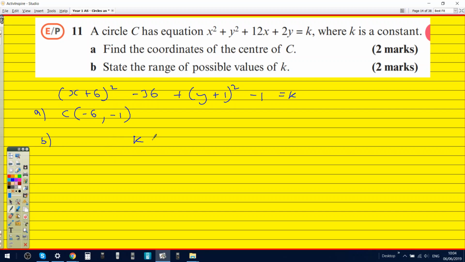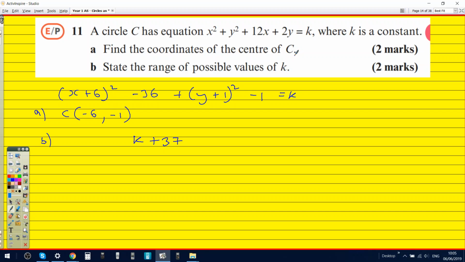So I need to deal with the range of possible values for k. What is this number on the other side, when you have an equation of a circle equal to some number?